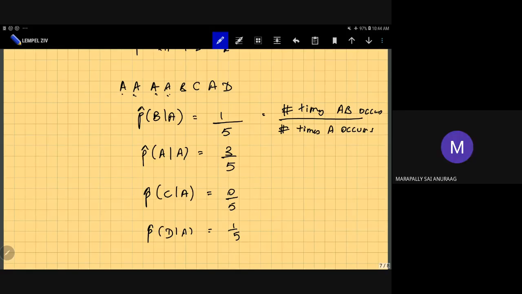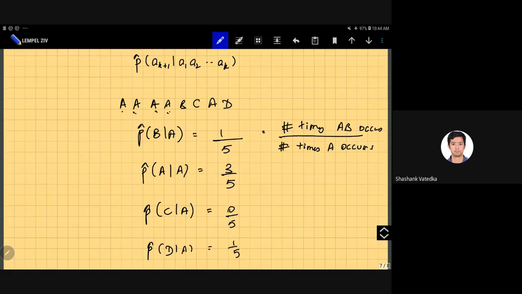So it would be easier to write it as the number of times AX occurs, X being any other alphabet. Exactly, that's right. So it's basically the number of times AB occurs, the number of times AA occurs, and you normalize it to make sure that it's a probability distribution.